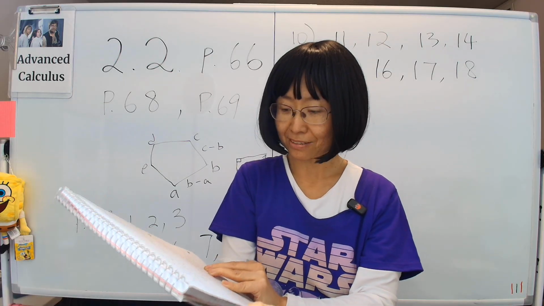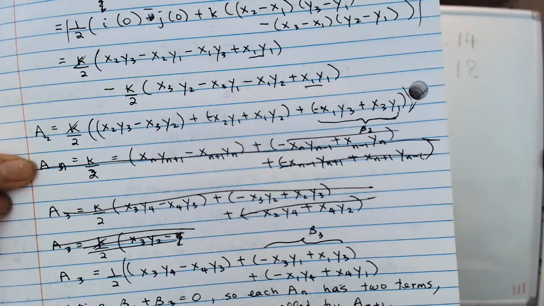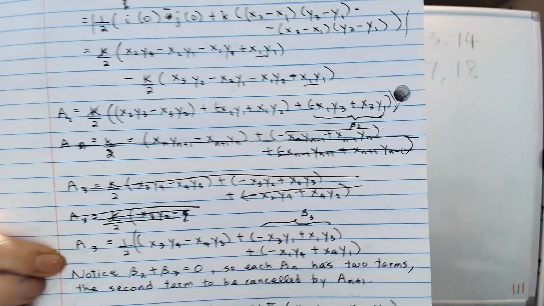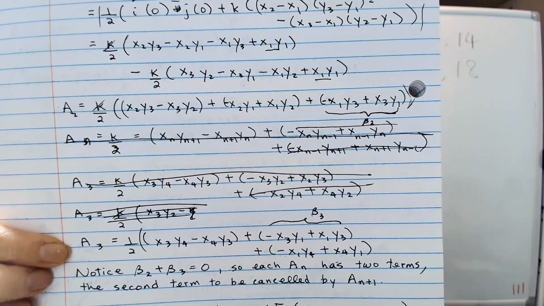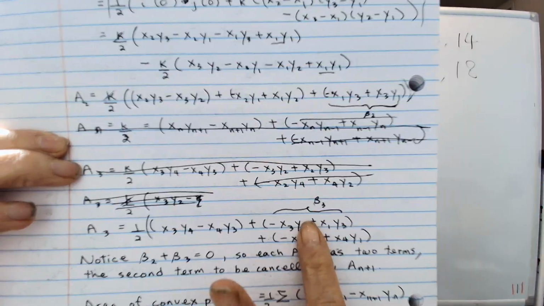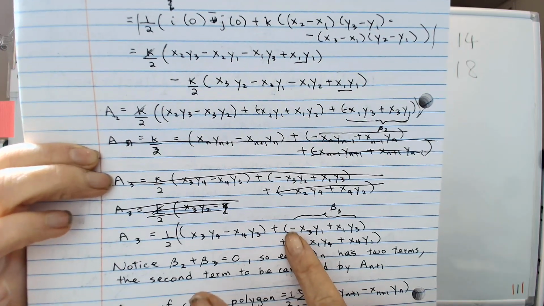So A3, at first I messed up and forgot that we're subtracting x1, y1. But by the time I remembered that, we end up with A3 equals this thing. And you notice that this part that I marked as beta 3 is identical to the beta 2 in the A2, except with a different sign.